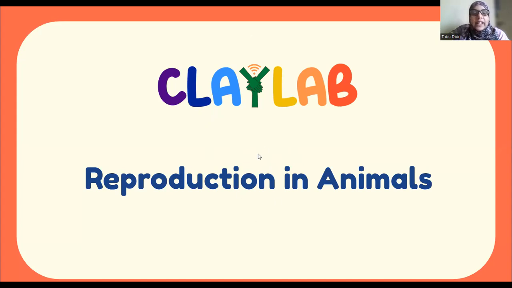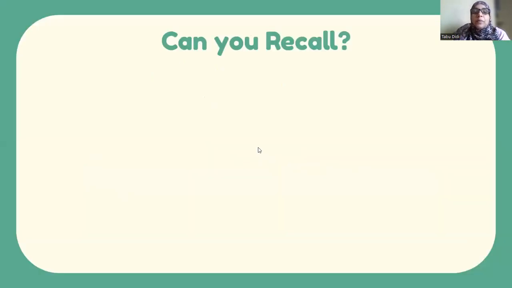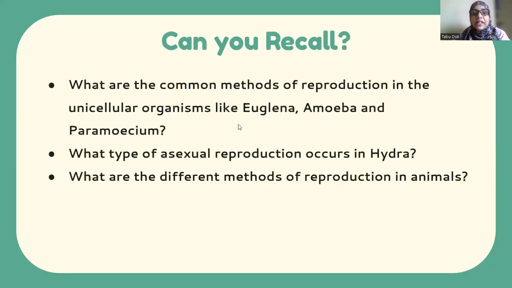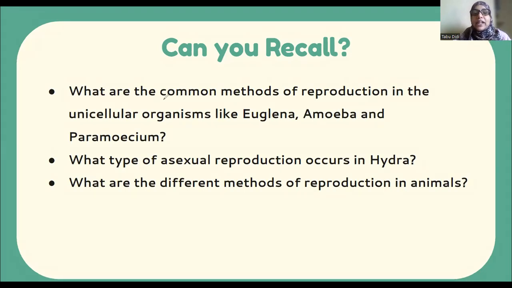Okay, so let's begin. Before we begin with the first topic of the chapter, let's recall some of the topics that we have studied in lower standards. Can you make a note of it and answer these questions? What are the common modes of reproduction in unicellular organisms?